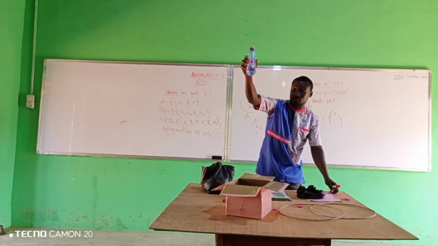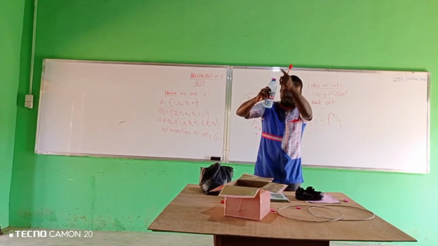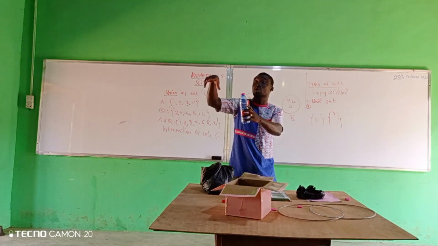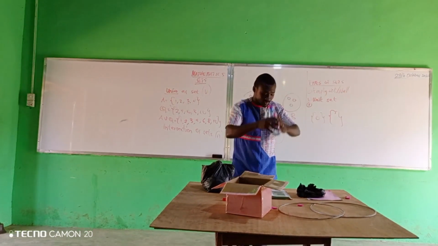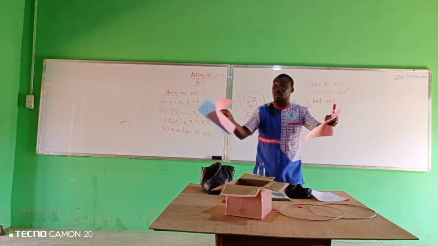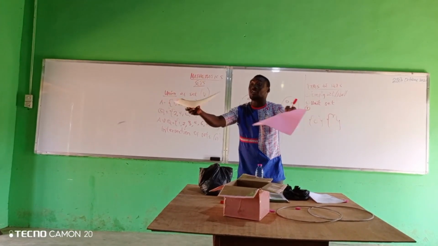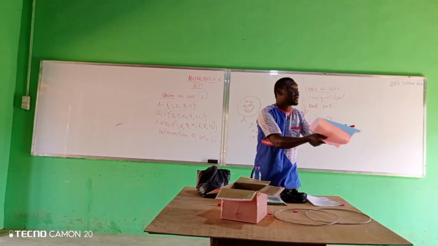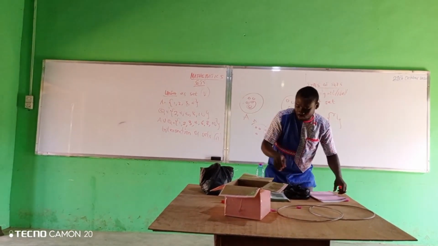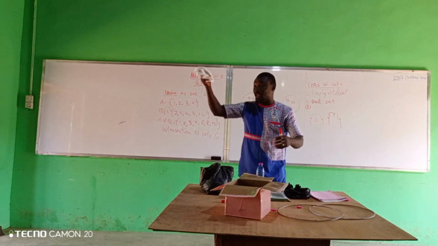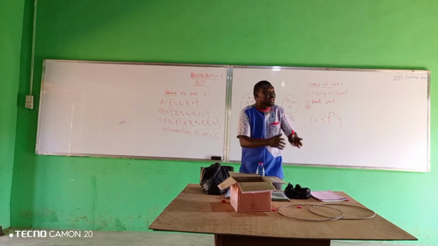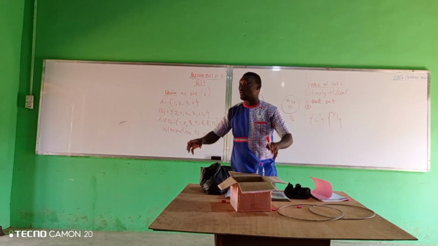We have my water, which is a set of water, because the molecules of water are in it. Then I have pieces of paper here. So a set of what? Colored papers. And you can also find my face towel here. So this is universal. It contains different sets.